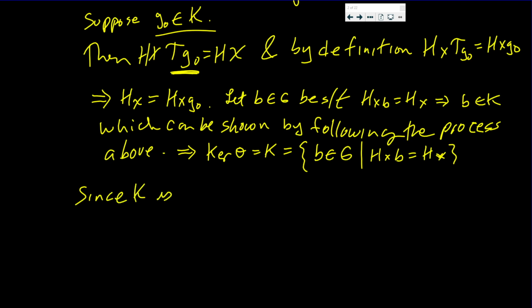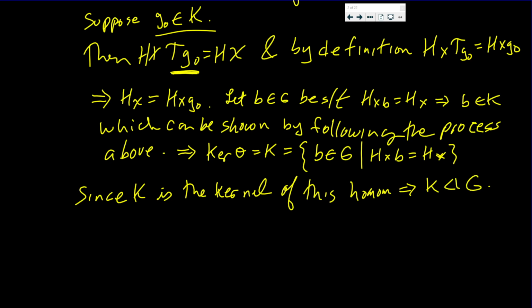Since K is the kernel of this homomorphism, that implies that K is normal in G. Now, why is it in H?